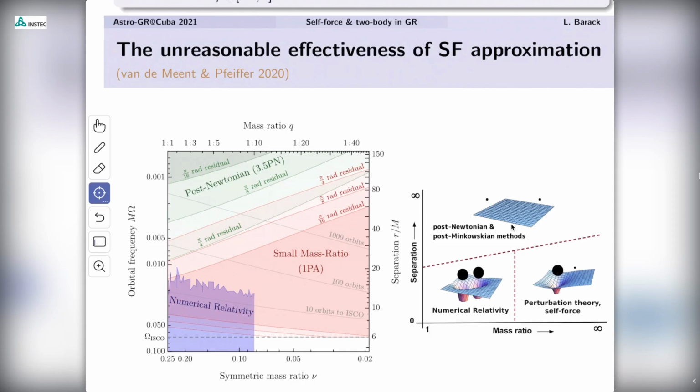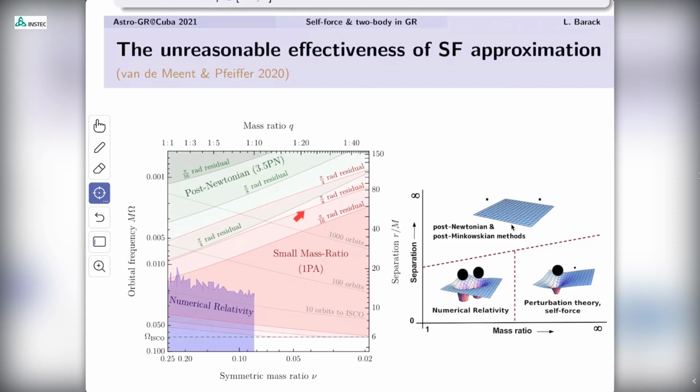If you set an accuracy target, so how many radians of phase you allow yourself to lose, that gives you a contour in this space. Anything below this, if you run it just with the self-force simulation, you'll get up to this accuracy over, I don't know, a year of inspiral or whatever they took here as a fiducial evolution time. If you allow yourself less accuracy, an eighth of a radian, then you can do even better and go all the way up here with a quarter.